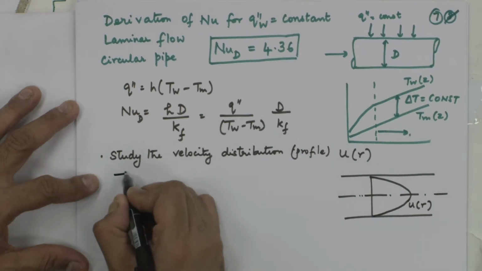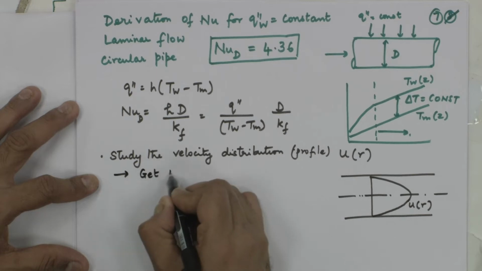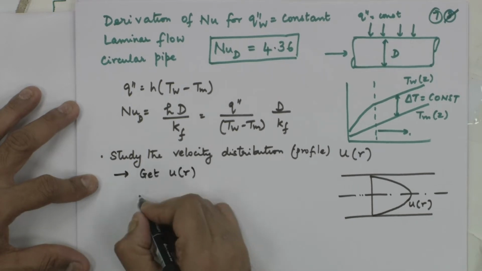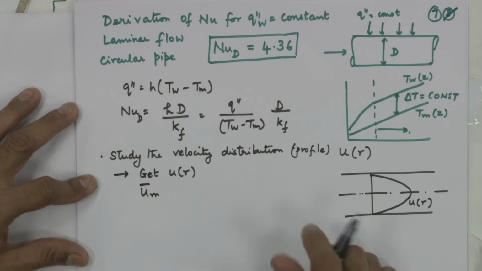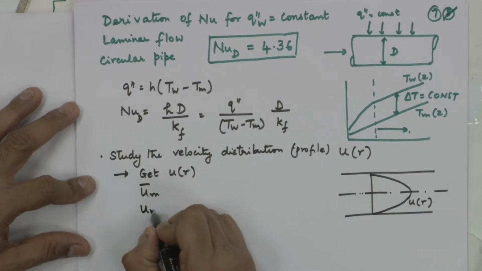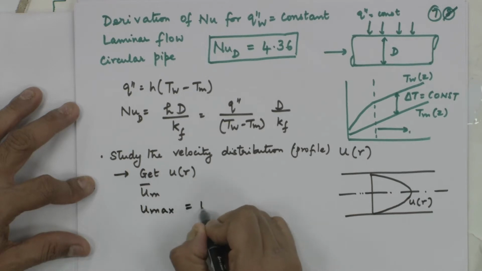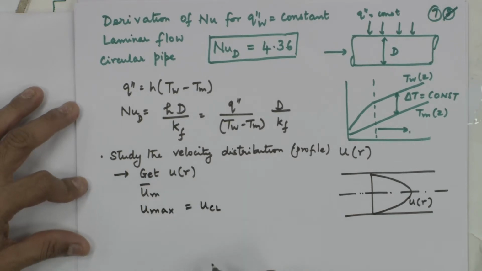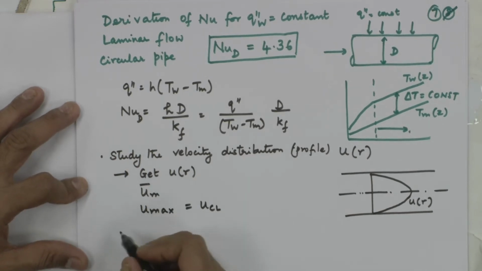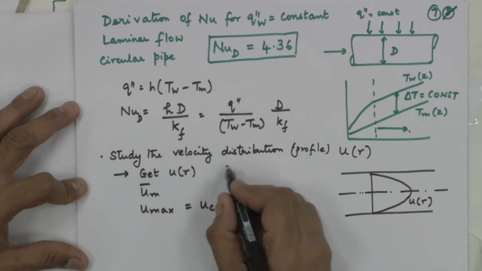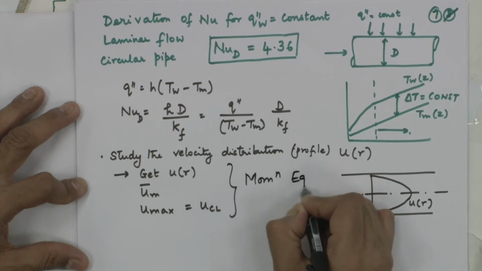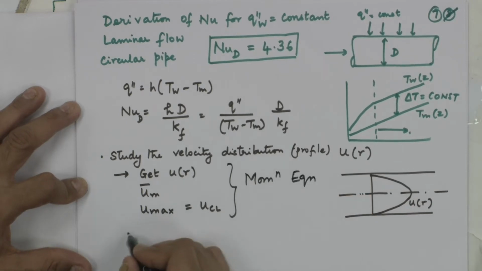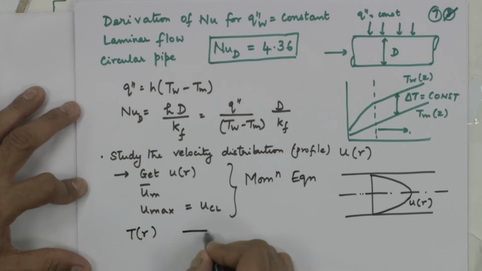So, step 1, get the definition of u of r. From this, get the average or mean velocity, get the expression for the maximum or center line velocity, and then go to the energy equation. This is from the momentum equation. Then go to the energy equation and get T of r.